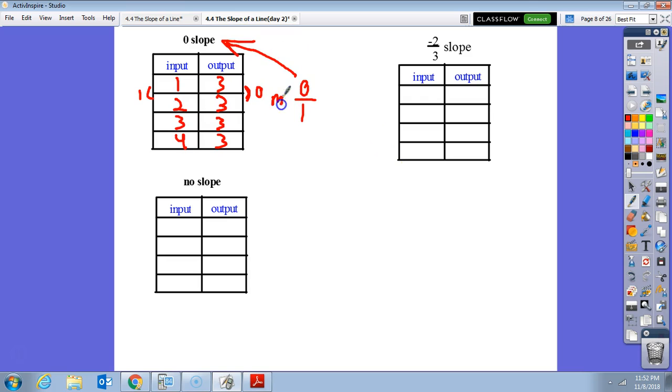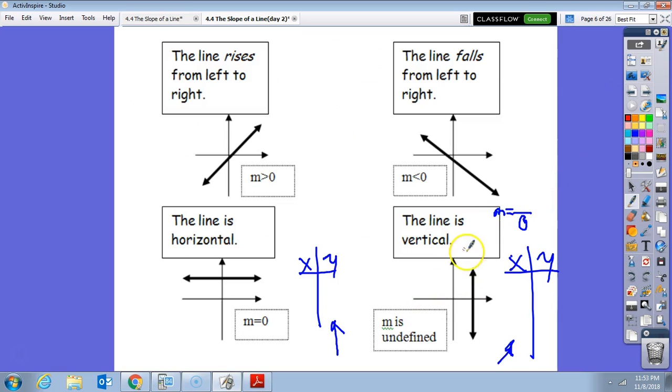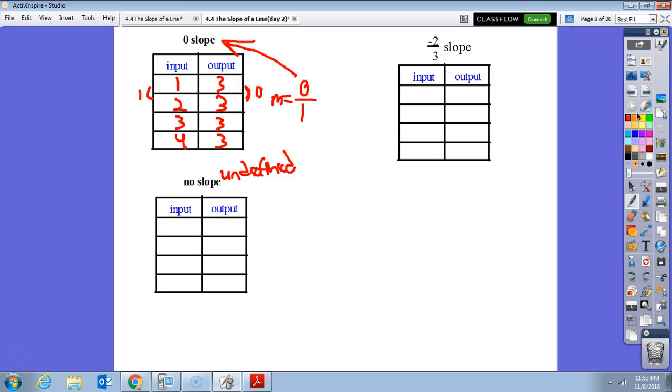So if my y's don't change, the slope is 0. What is no slope? Well, no slope is the same thing as undefined. This is what I was talking about when I said you have a vertical line. That means the x's are the same the whole time. There's no change in x.